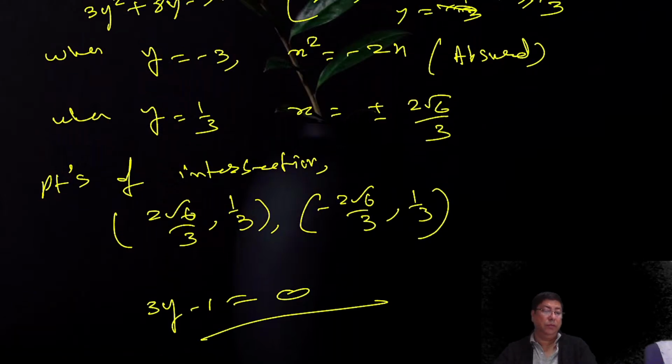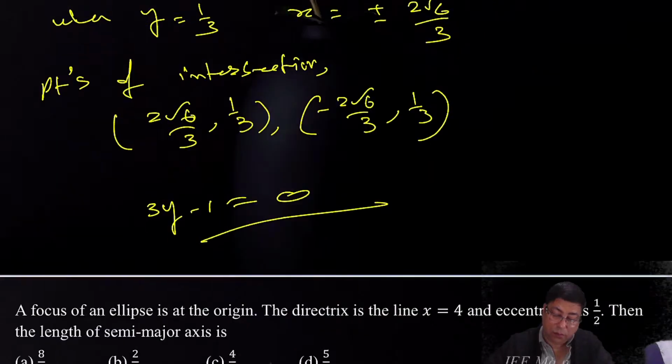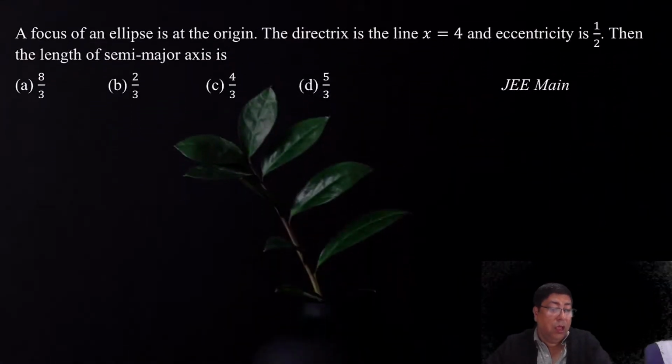Let us go to the next one. The focus of an ellipse is at the origin. The directrix is the line x equal to 4 and eccentricity is half. Then the length of the semi-major axis. What is to be done?